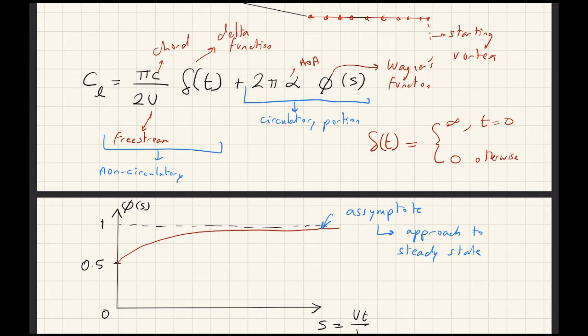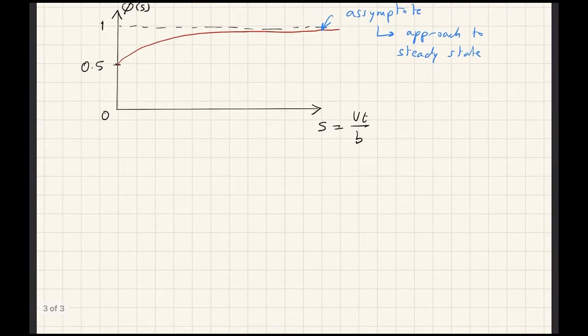The conditions of the wing move to steady state thin airfoil theory, and thus this evaluates to 1. This goes to 0, because you're no longer at t equal to 0, and c ends up being 2 pi alpha.